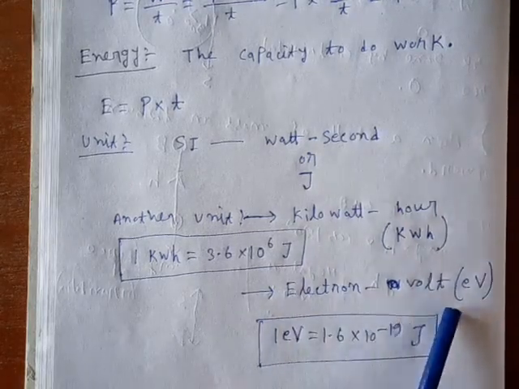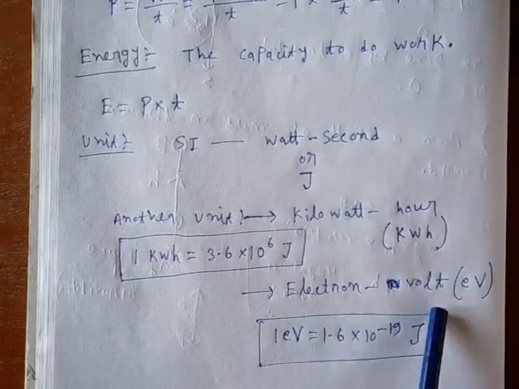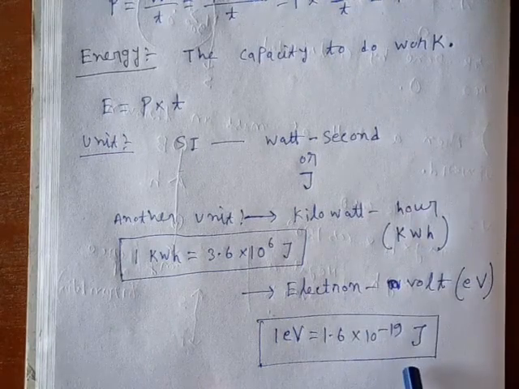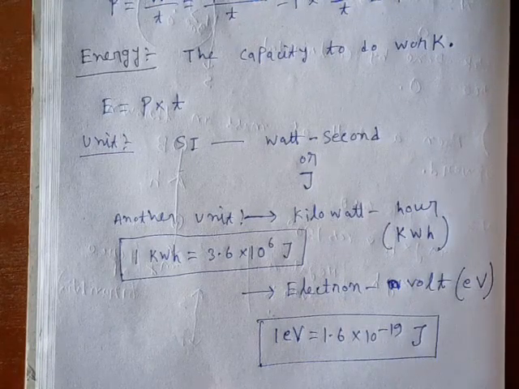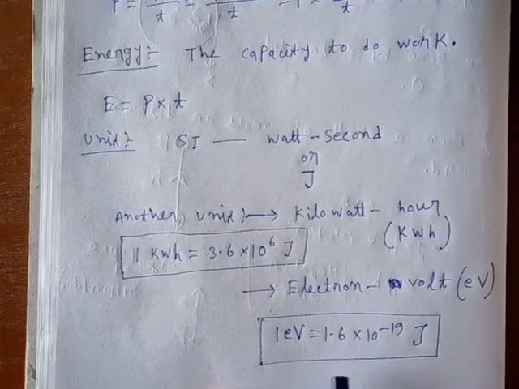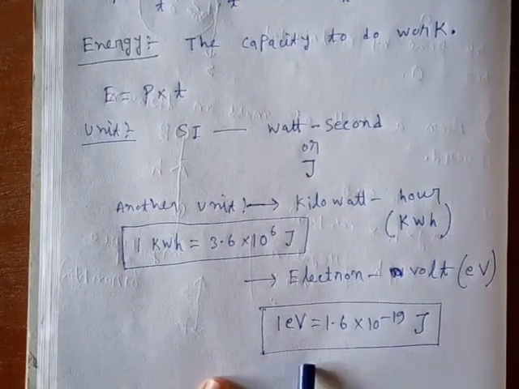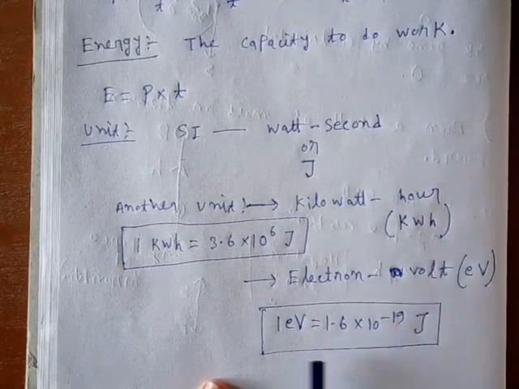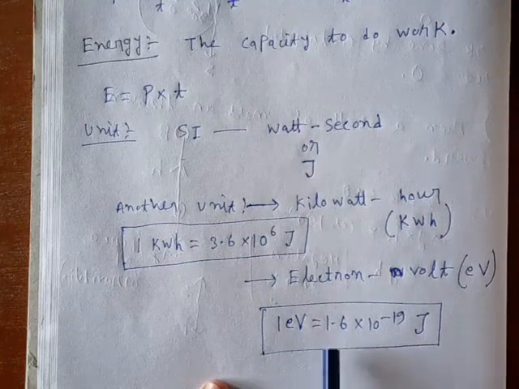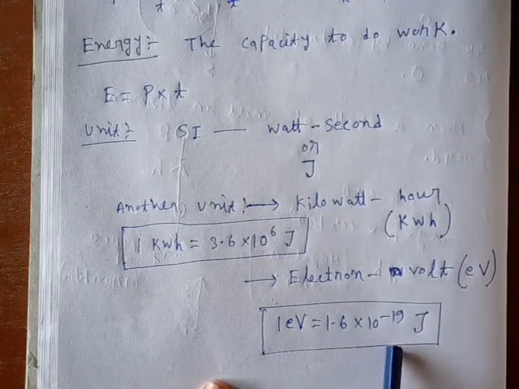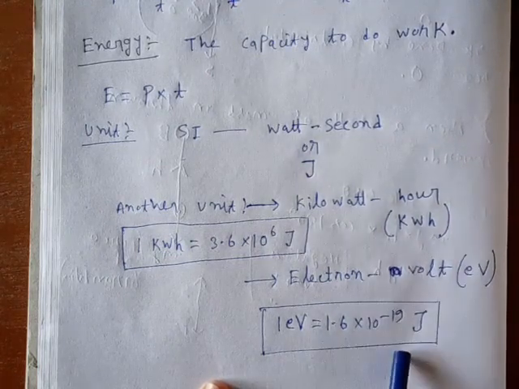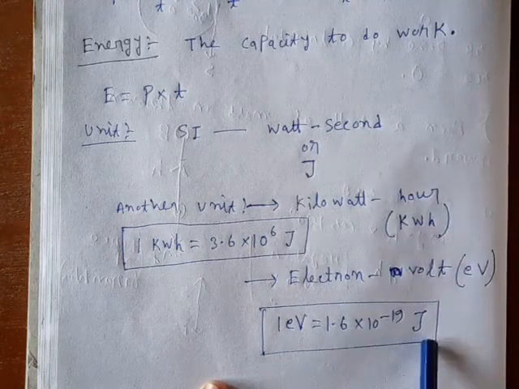It is written as eV, and this is basically used for atomic particles like electron, alpha particle, protons, etc. The relation between 1 electron volt and joule is 1 electron volt equals 1.6 into 10 to the power minus 19 joule.